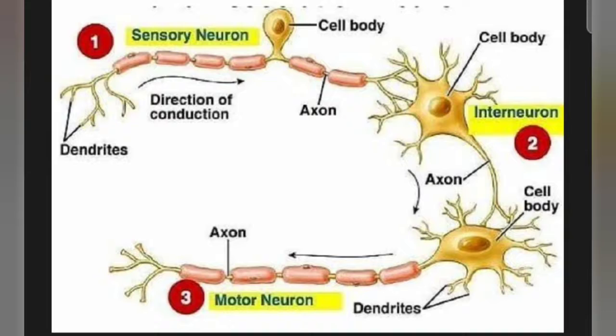The first one is the sensory neuron, which carries impulses from the sense organs to either the spinal cord or the brain. As you can see here, this is the direction of the conduction of impulse, taking it towards the brain.